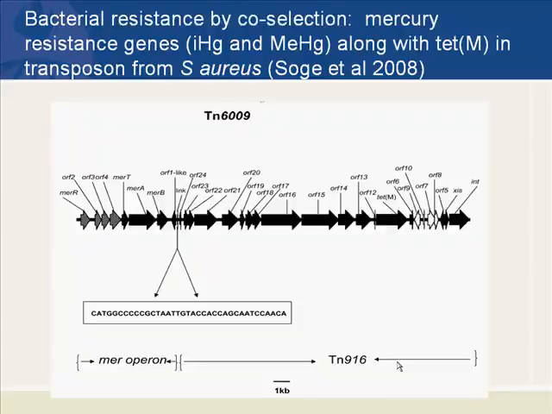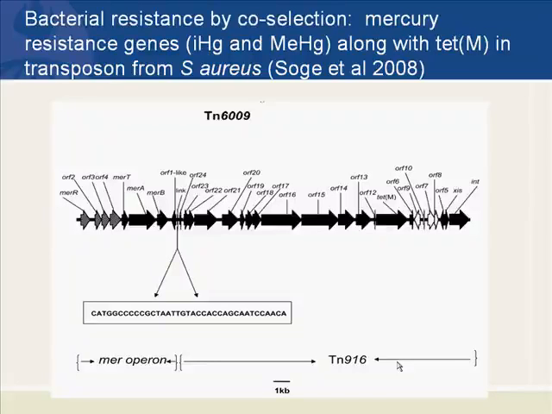Another one here, you see also tetracycline resistance, and this has been described now for a number of other resistance genes. The important point about these complex resistance transposons or transmissible elements is that any one of these stressors can drive the movement of the element. That is, its transfer within a microbiome.